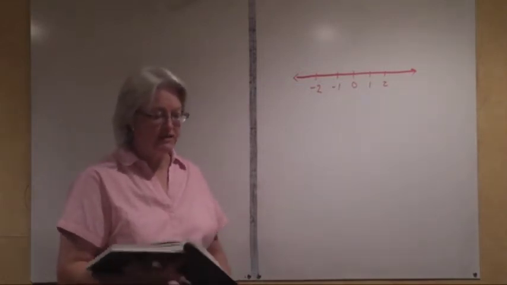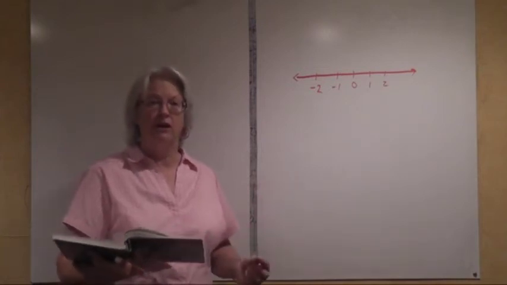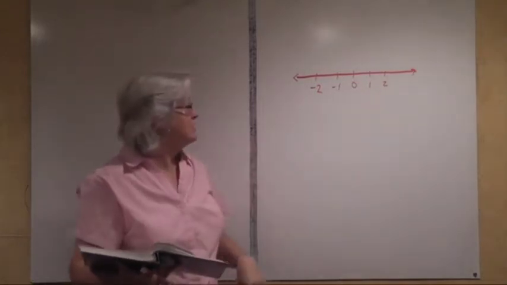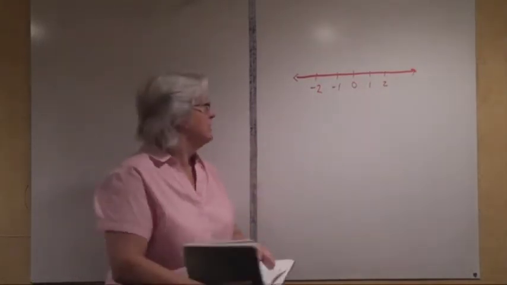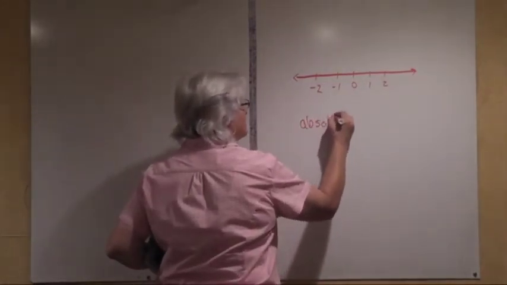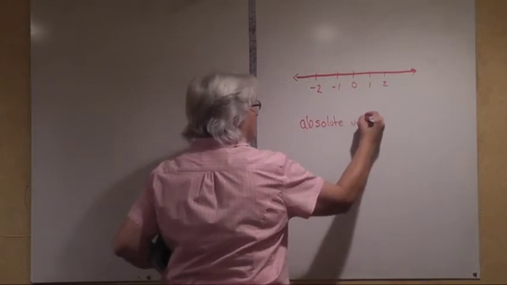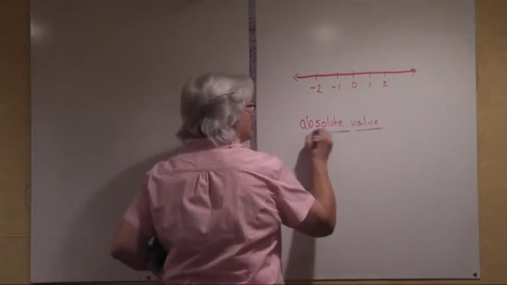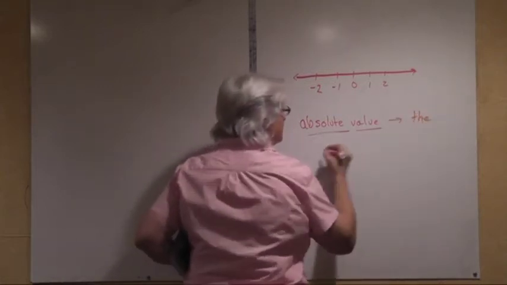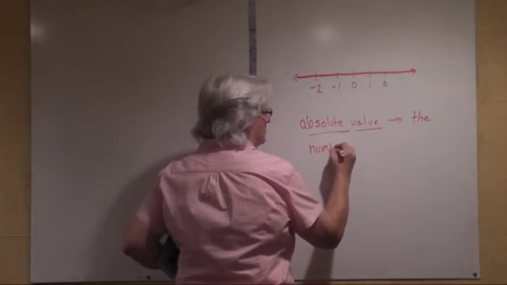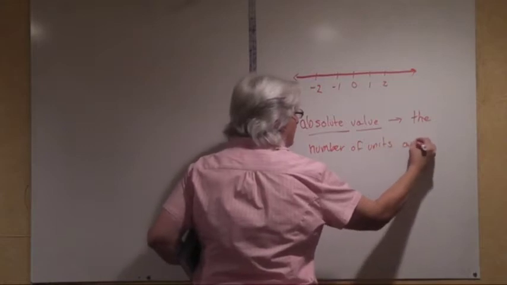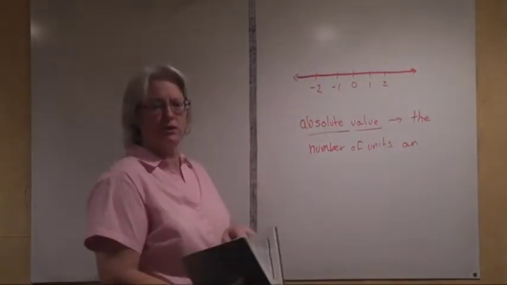So we have a number line, and we see that the absolute value of an integer tells us the number of units the integer is from 0 on the number line. Absolute value. You must know what this is. This tells us the number of units an integer is, do I want to say integer? I don't think I want to say integer.